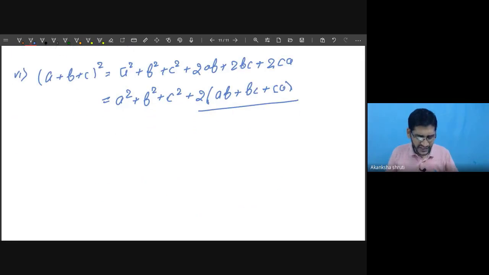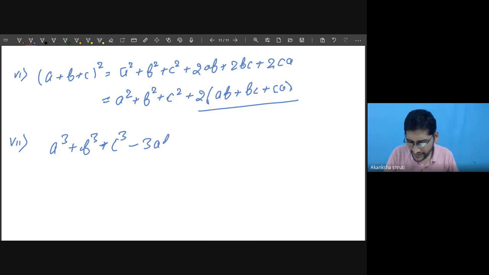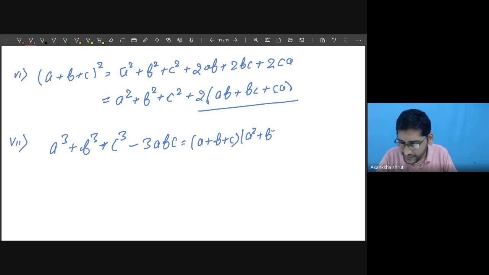There is one more identity, that a cube plus b cube plus c cube minus 3abc can be written as the product of the sum (a plus b plus c) in one bracket, and the other bracket contains a square plus b square plus c square minus of ab minus of bc minus of ca.